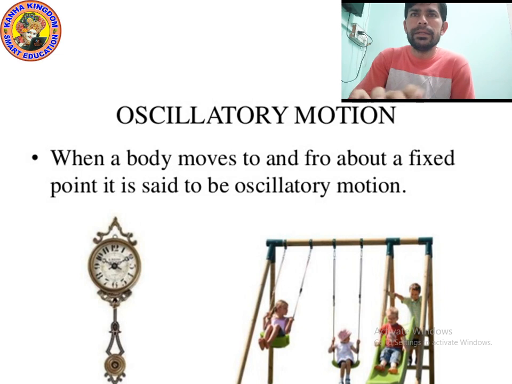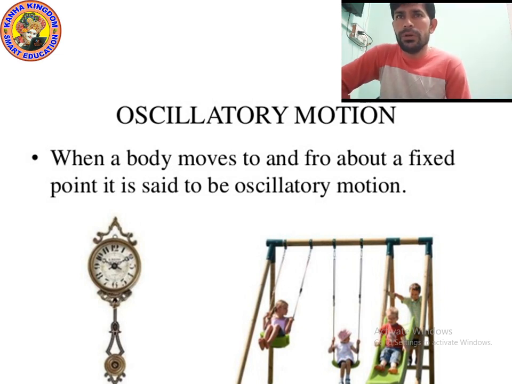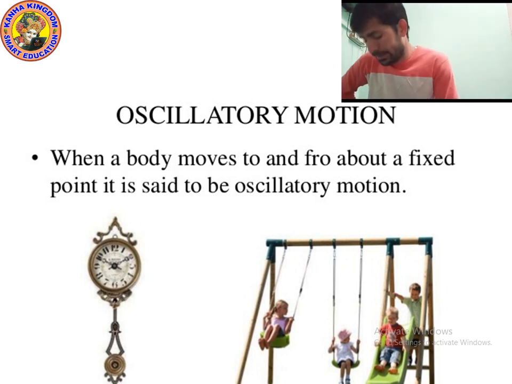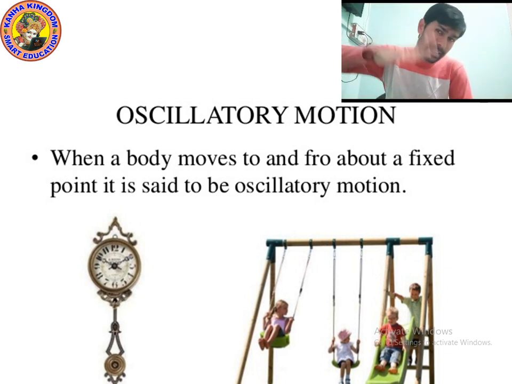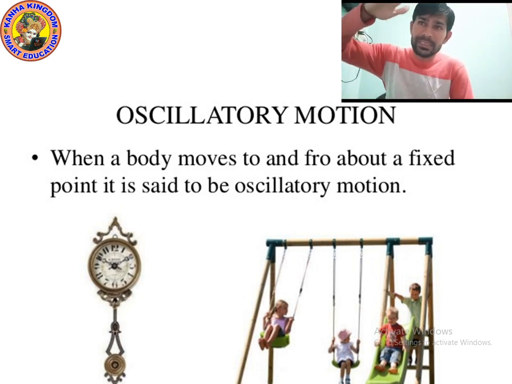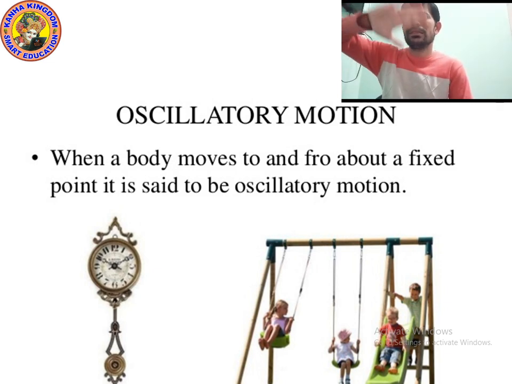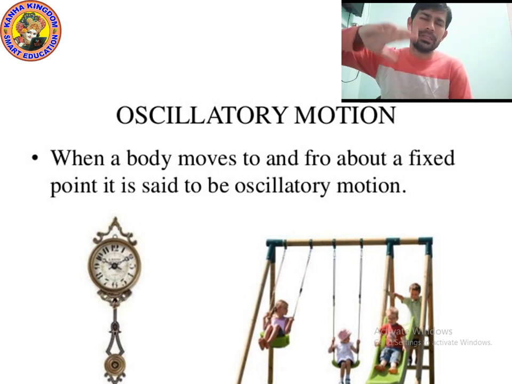When you play a musical instrument, it starts vibrating, which means it goes to and fro. Such motion of an instrument is known as vibratory motion. Both are the same, because in vibratory motion also there is to and fro, and in oscillatory motion also.